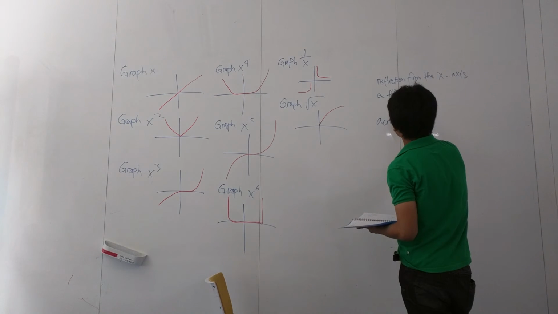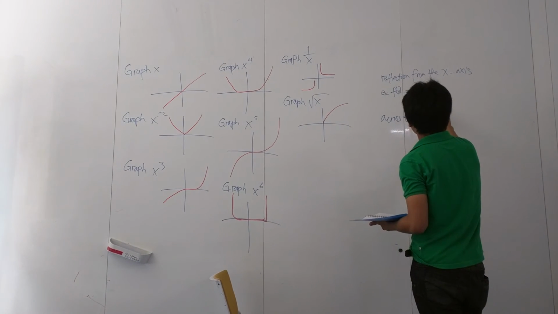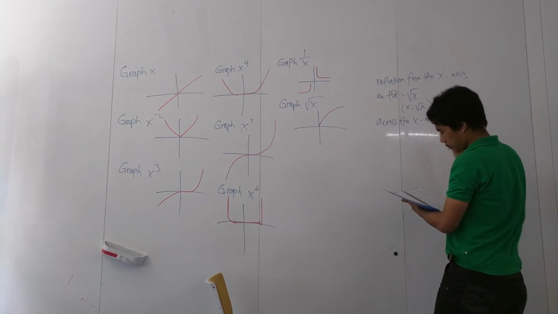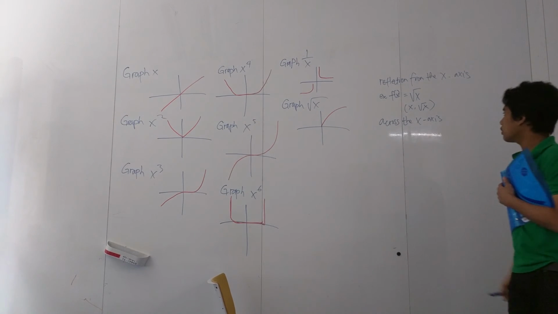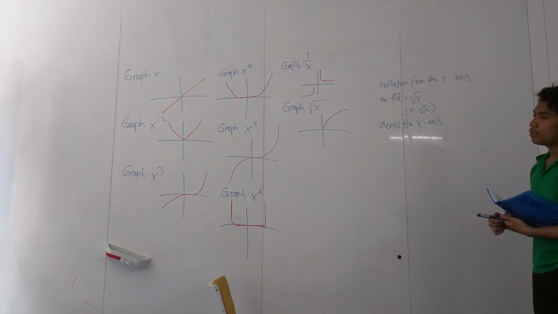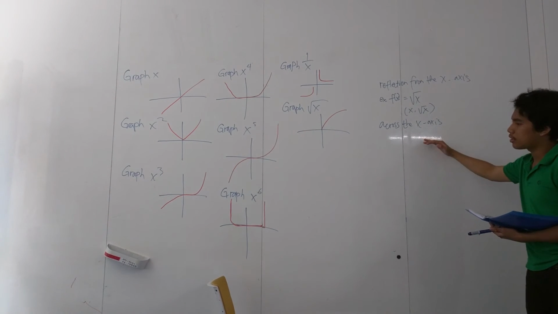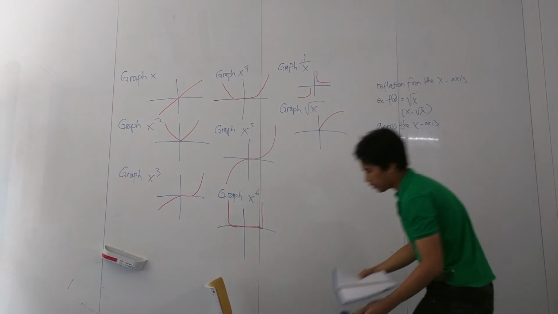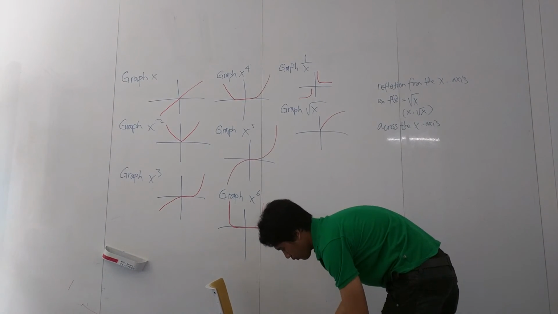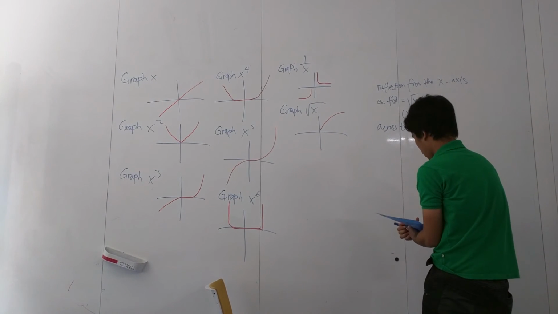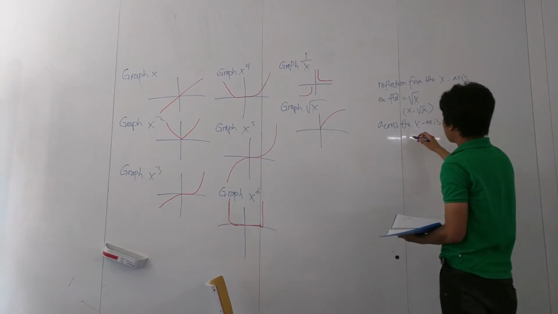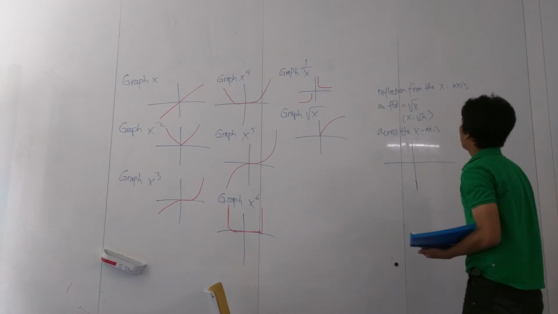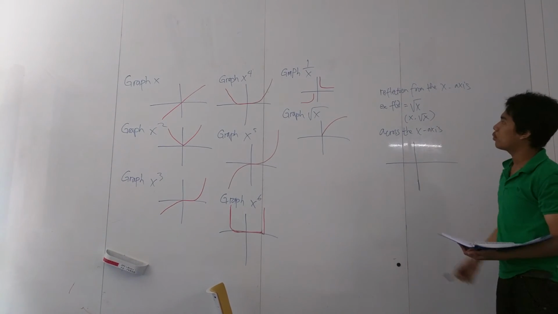So across the x-axis, the thing you should do is just flip the graph across the x-axis. It's like a mirror. First, you must draw the graph by determining the function. If this is the square root of x, we can use this graph.